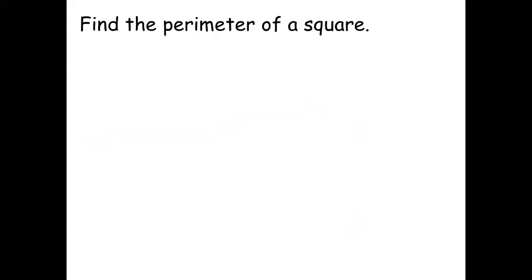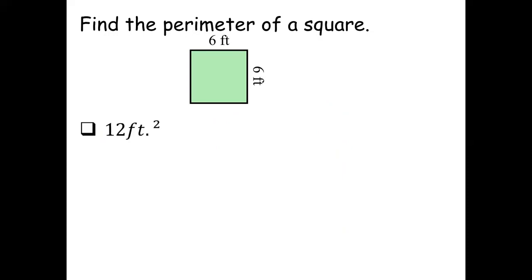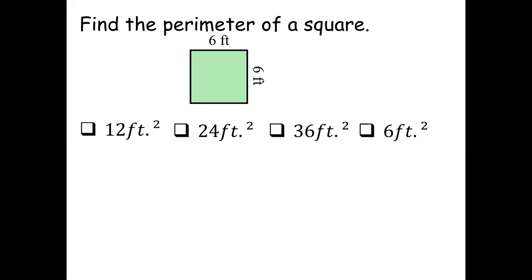So the next question for you is, find the perimeter of a square. So you have to find the perimeter of this square. So the options for you are 12 square feet, 24 square feet, 36 square feet, and 6 square feet.